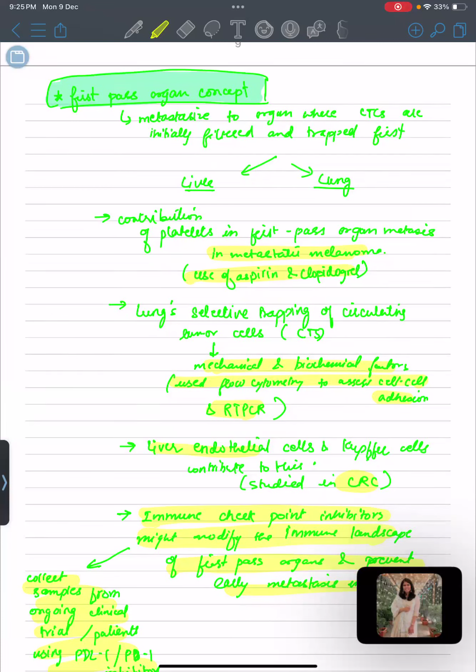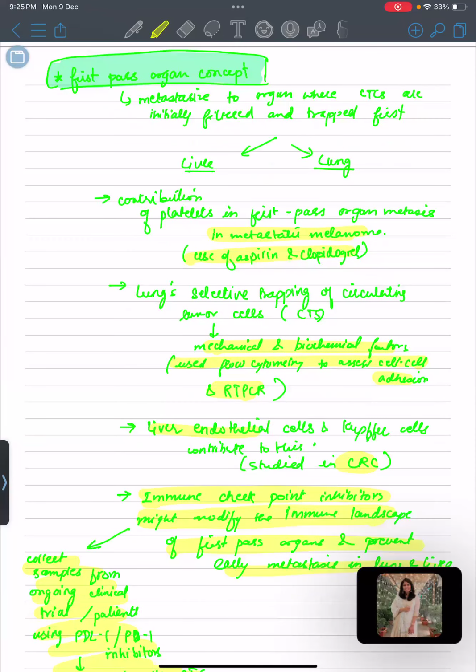Here researchers are again studying the contribution of platelets in first pass organ metastasis in metastatic melanoma specifically, and they're evaluating whether the use of aspirin and clopidogrel would be useful in metastatic melanoma or not.